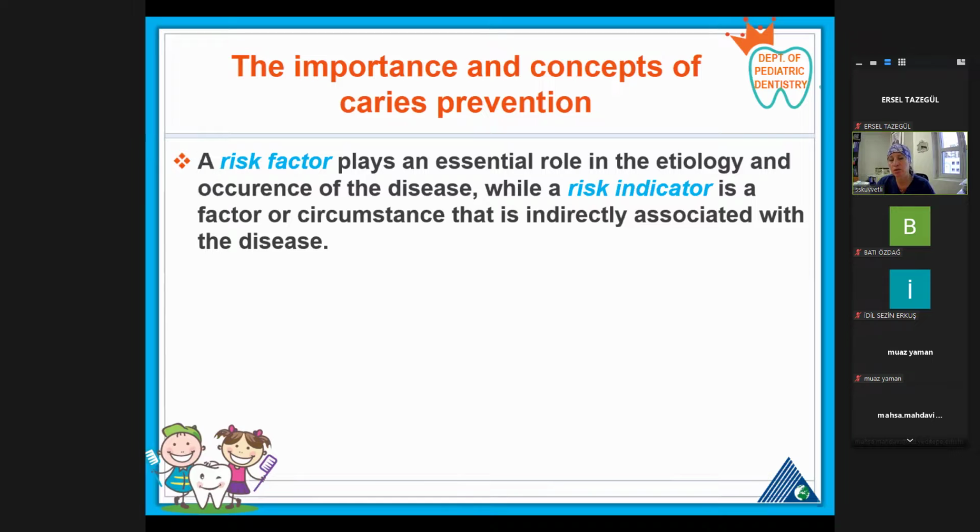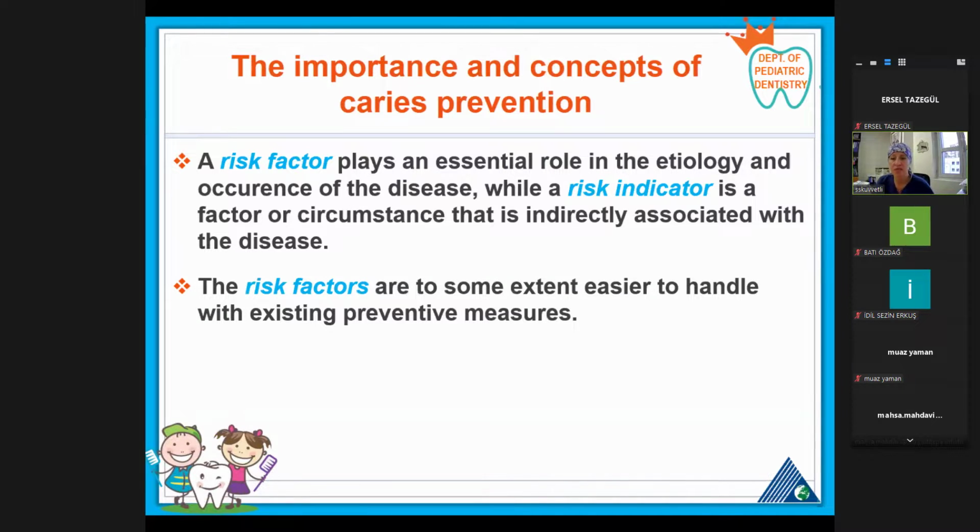Let's have a close look at them. A risk factor plays an essential role in the etiology and occurrence of the disease, while a risk indicator is a factor or circumstance that is indirectly associated with the disease. So the risk factors are to some extent easier to handle with existing preventive measures. So we can control the microorganisms, we can give something for diet, for example.